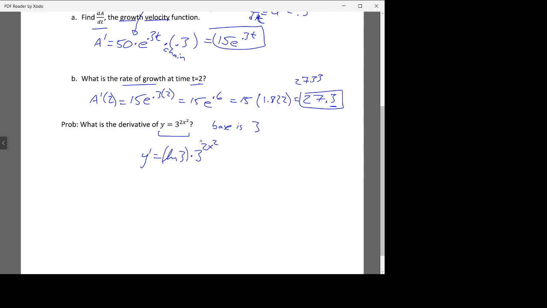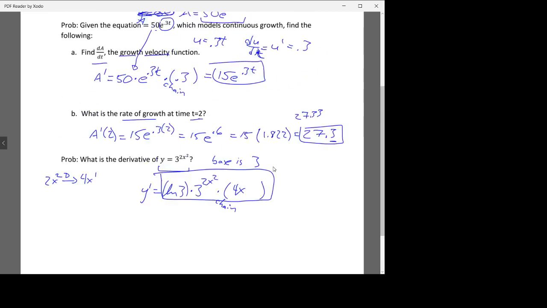And also, it's not 3 to the x, so we need a chain rule on the back side of that thing. 2x squared. If we take the derivative of that, we get 2 times 2 is 4. x to the 2 minus 1 is 1, so 4x. That's just awful, so I'm just going to box it like that. You can try to make it prettier if you want, but there's no combining you can do to make it more interesting. All right, that's the end of the lesson.